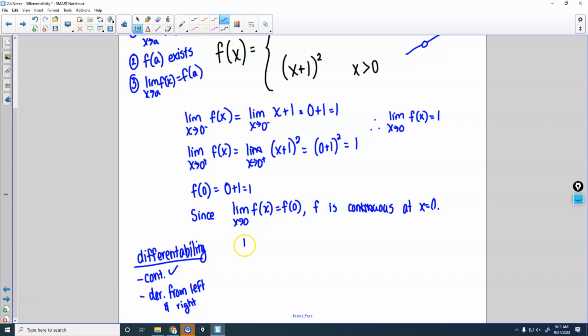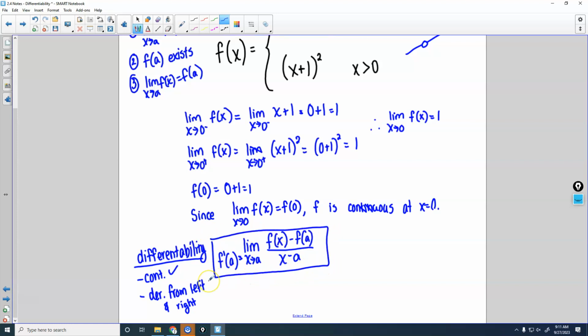So that limit definition of a derivative at a point: f prime of a is the limit as x approaches a of f of x minus f of a all over x minus a. Now, we don't have to write that down. I'm just writing it to make sure we remember what that limit definition of a derivative is. If we want it to be from one side, we'll do it from the left or from the right.